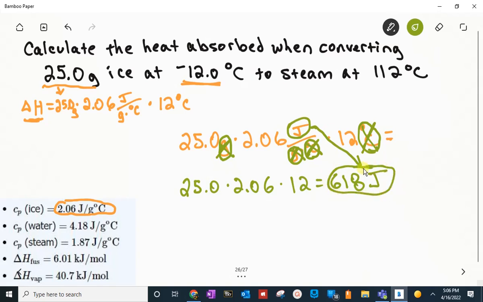That's the very first part, when we're heating up the ice until it's hot enough to melt at 0 degrees Celsius. So we're going to write this 618 joules over here.